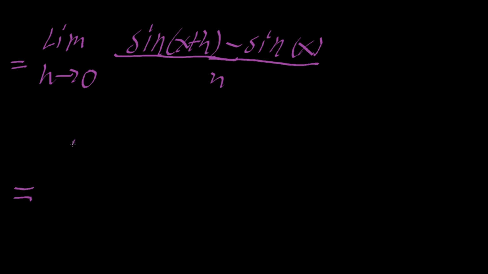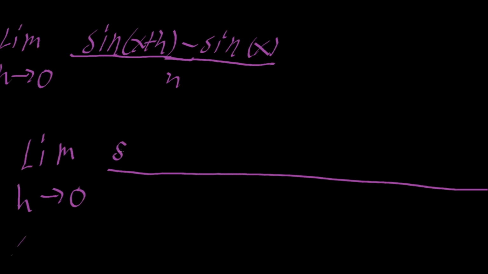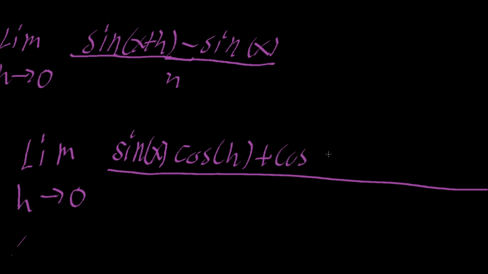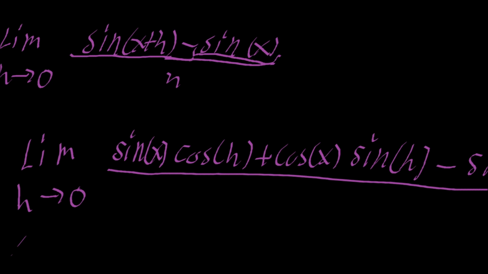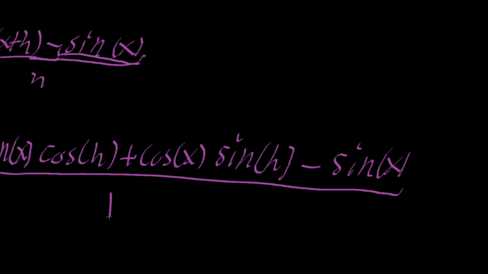So this will be equal to the limit as h is approaching 0 of sine of x times cosine of h plus cosine of x times sine of h, and now we still have to subtract our sine of x, and this all goes over h.